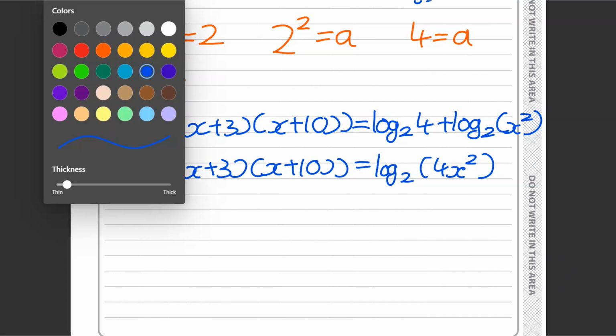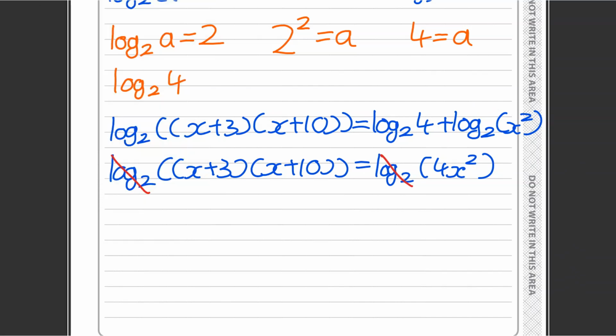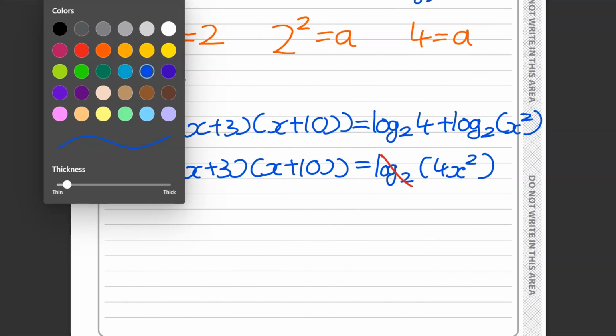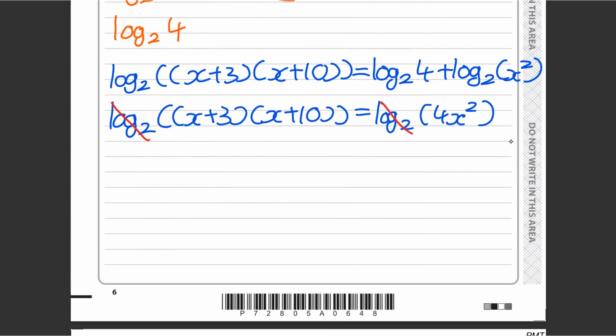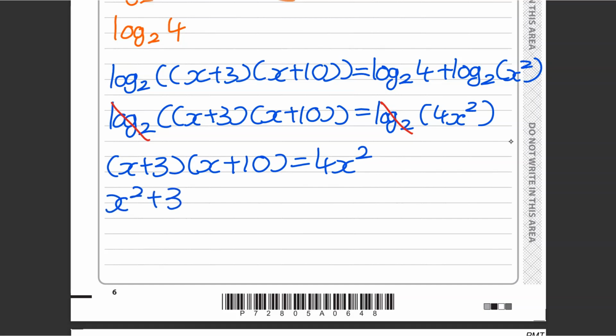So essentially what we can just do now is get rid of these log base 2's and write this as x plus 3, x plus 10 is equal to 4x squared. If we expand this bracket here, it's going to be x squared plus 3x plus 10x plus 30 is equal to 4x squared.